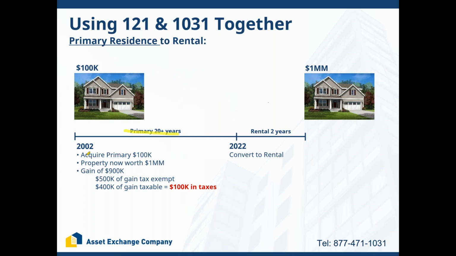Well, if you bought a home 20 years ago for $100,000 and it is now worth $1 million, you have $900,000 of gain. If it is your primary residence and you're married, the most that you can avoid paying taxes on is $500,000. Unfortunately, because your home has appreciated above that, you have $400,000 of gain to pay taxes on, and that's going to be about $100,000 to $120,000 in taxes.